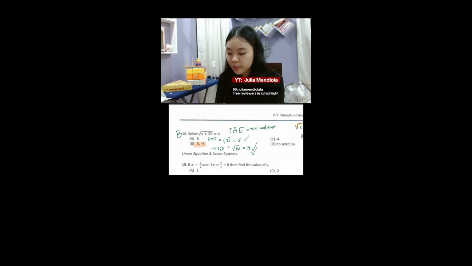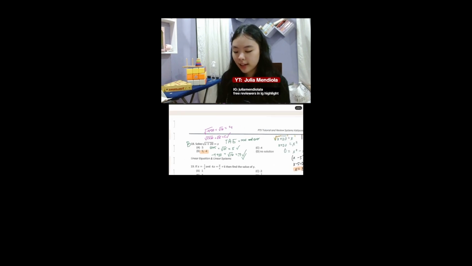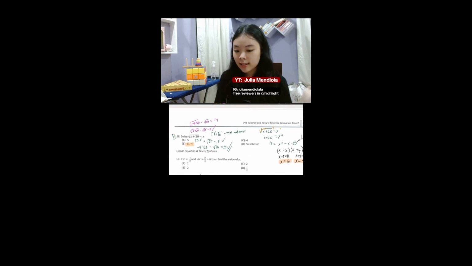So, try mo ipasok dito, 5 plus 20, that will be square root of 25, which is just equal to 5. So, check ang 5. Try mo ang negative 4. Negative 4 plus 20 is equal to square root of 16, which is equal to plus minus 4. So, tama ang letter B. Okay? So, letter B is the answer. That's the easiest way to do it.